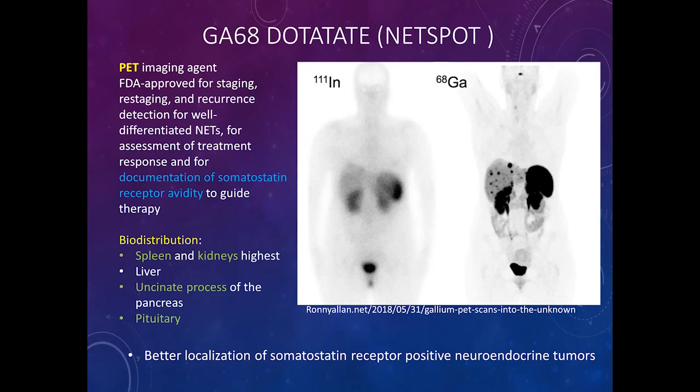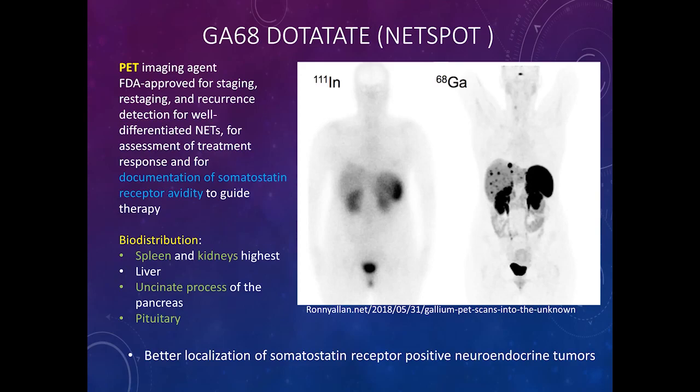And you can see that you can easily miss all those lesions in the liver when you are looking at the OCTREOSCAN, but they're clearly visible on the PET-CT scan on the right side.